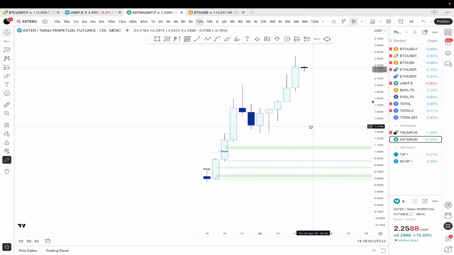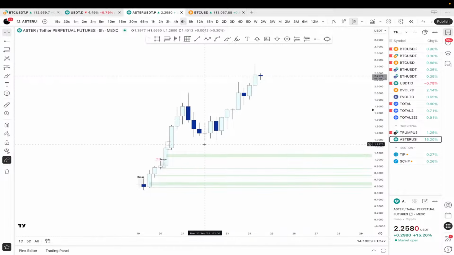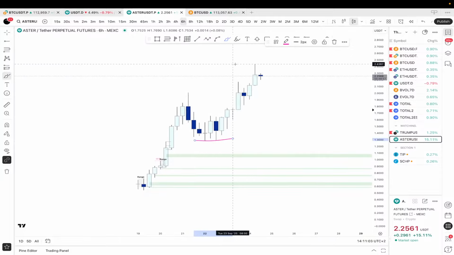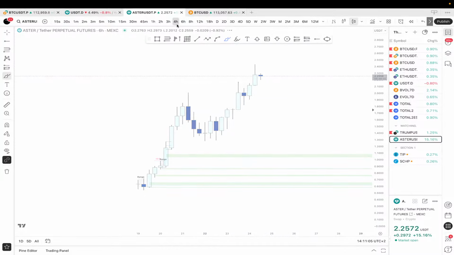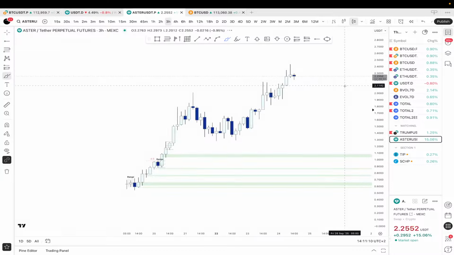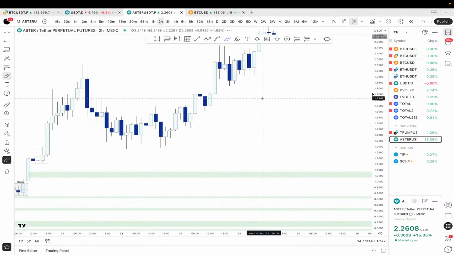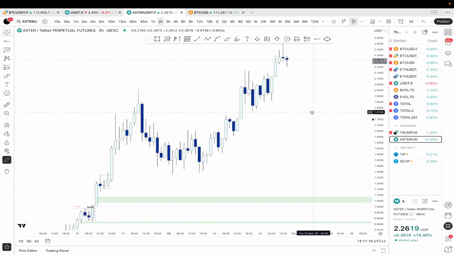Well, I wanted to do some negative fibs. So I'm now going to search for the first valid market structure between this low and this high to get some negative fibs going. This is your market structure.